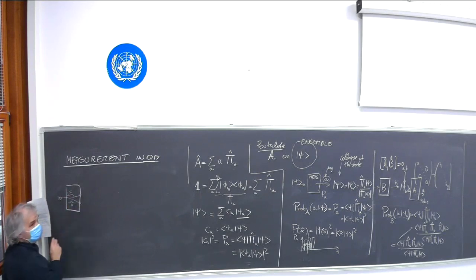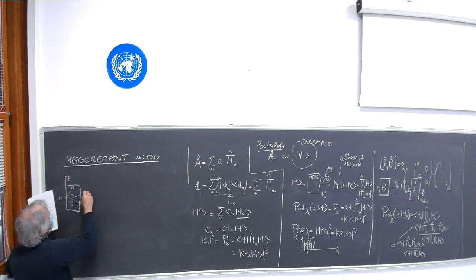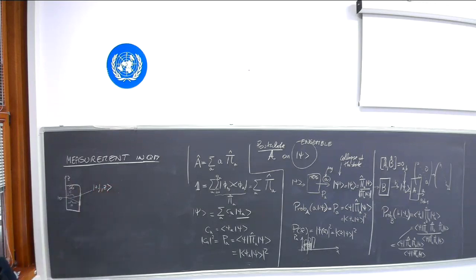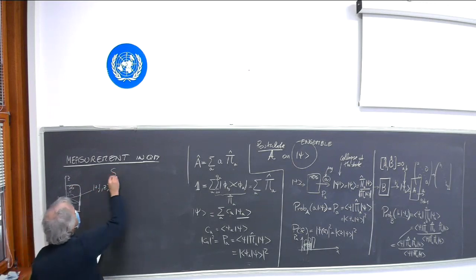I can block one of the two. Okay. Now I know that, for instance, if I block this object, this Stern-Gerlach, say along the z-axis, will produce at the outcome here a state that is the plus 1/2 along the direction z. Okay, so what I'm doing, I am measuring the spin along z.